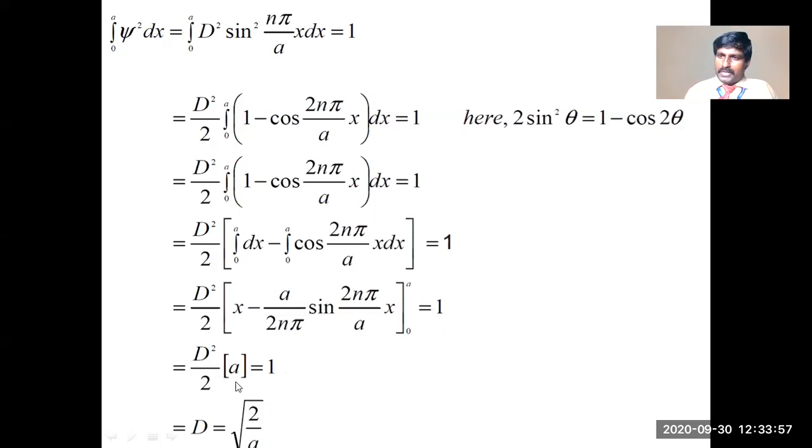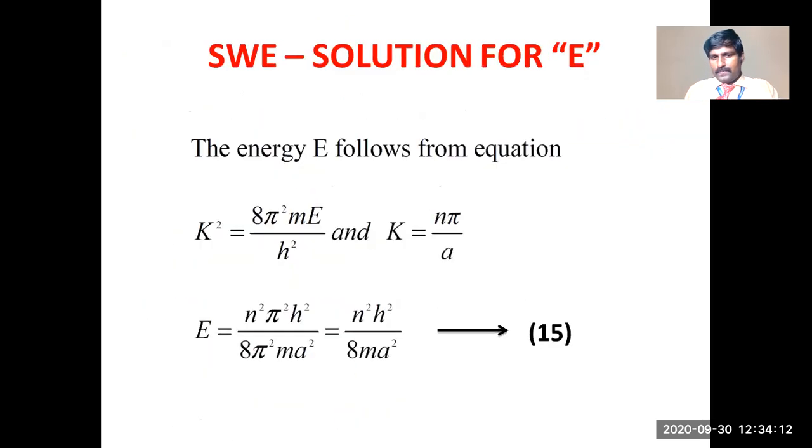Now to find the D value, 2 goes to the other side, and D is equal to square root of 2 by a. This is the solution. Now instead of D we can write square root of 2 by a.